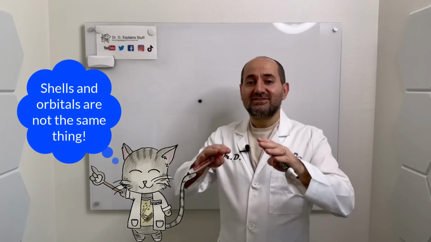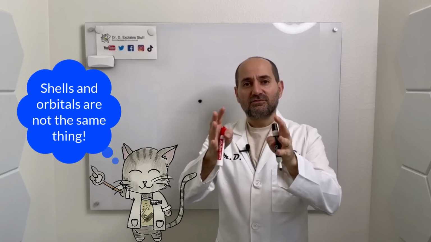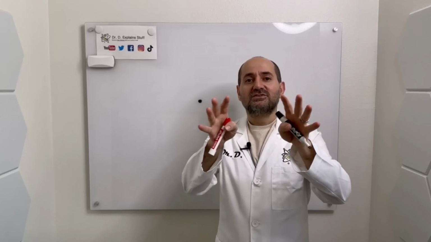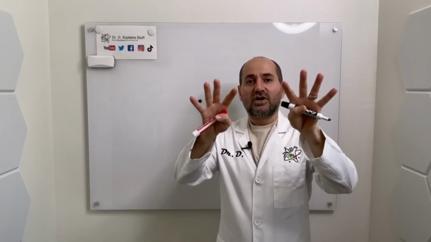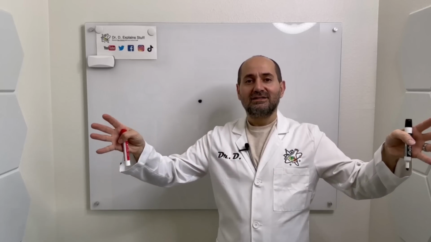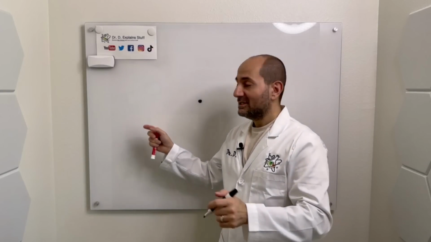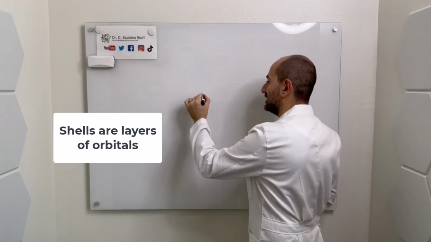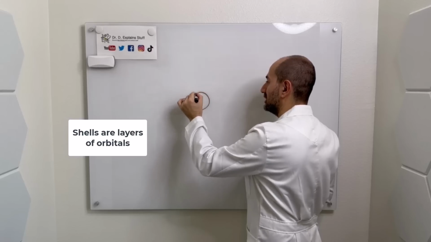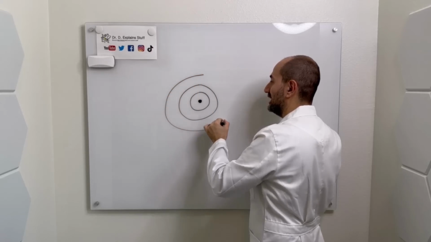A shell is a layer. Remember, like a layer of cake. You had the first shell, then you have a second shell, and you have a third shell. And remember, the shells are like layers of cake. They're going further and further away from the atomic nucleus. So you would have the first shell, the second shell, the third shell, and it goes on and on.